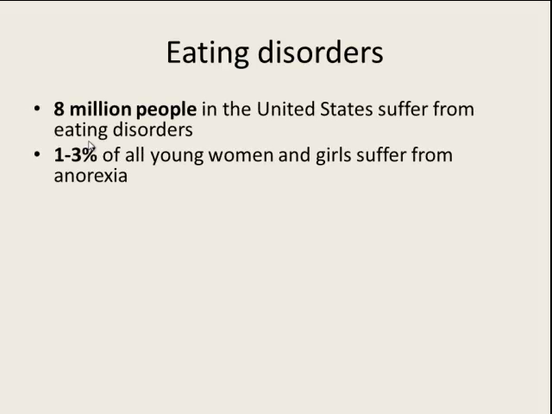So let's look at some eating disorders. Between 8 and 9 million people in the United States suffer from eating disorders. 1 to 3% of all young women suffer from anorexia. Anorexia is an extremely dangerous disorder. It's one of the most fatal psychological disorders that we have.